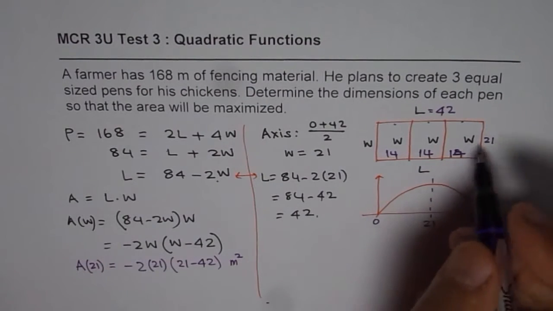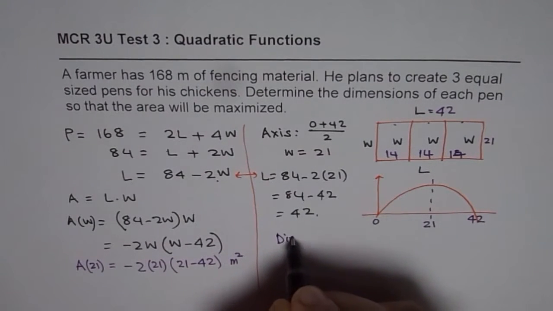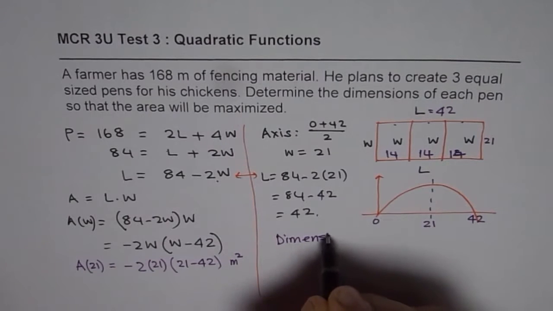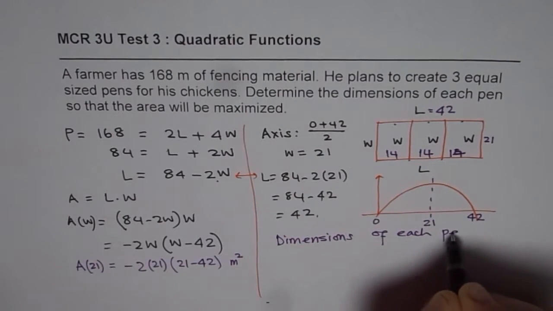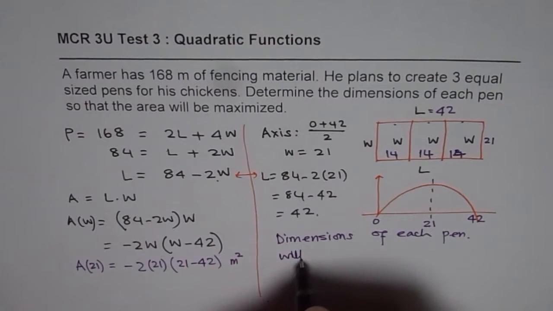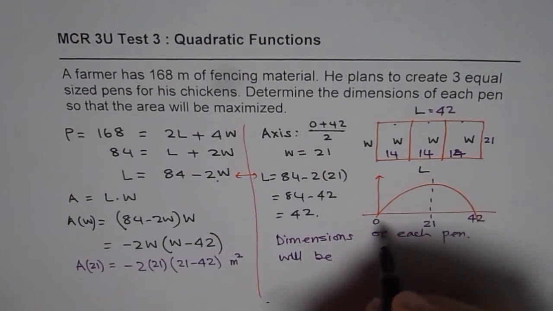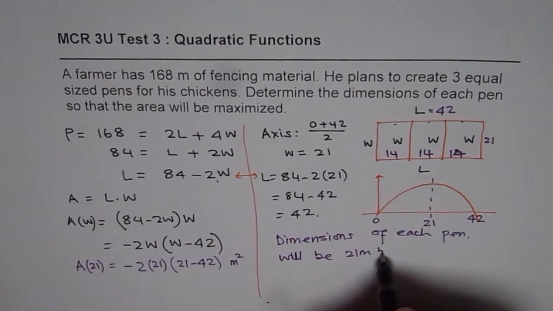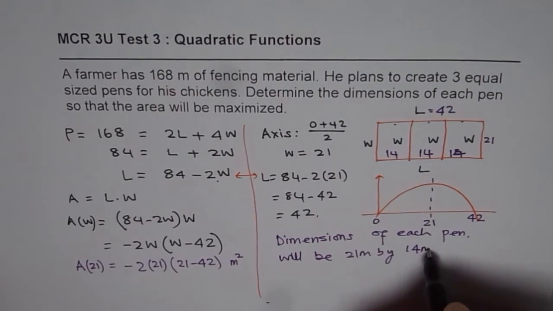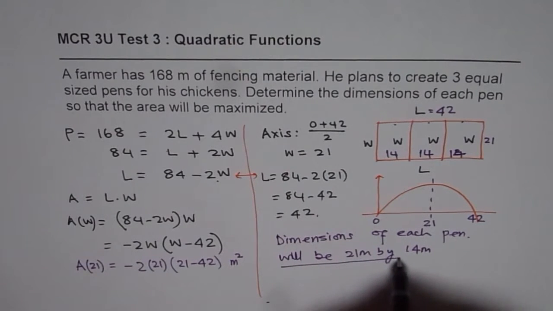So we can now write down the dimensions of each pen. Each pen will be 21 meters by 14 meters. Do you see that? So that is the dimensions of each pen.